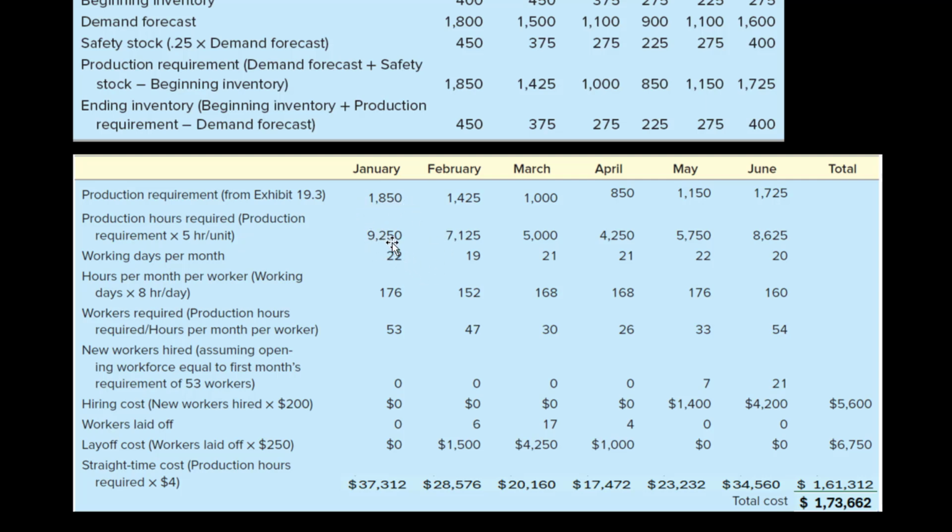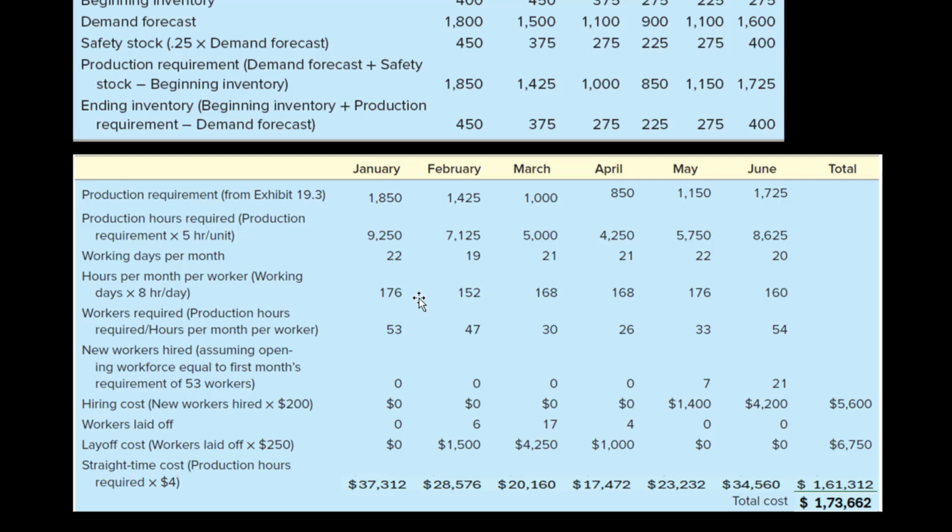Now 9250 is for the entire month. We have 22 days in the month, and when we have 22 days, if you employ one person, he will be working for 8 hours, and in 22 days in a month, you are going to get per worker 176 hours, right?